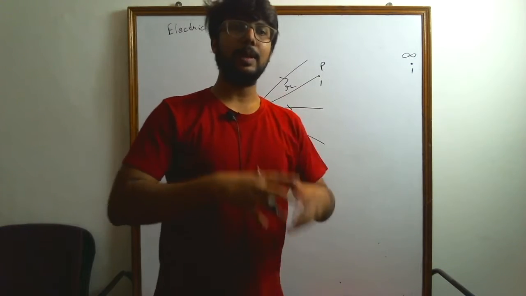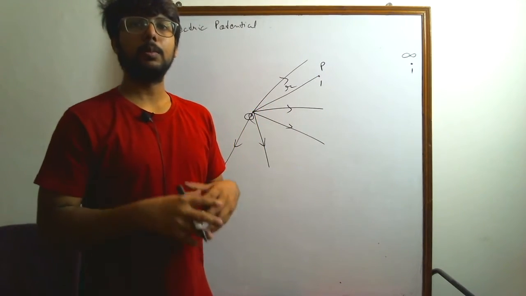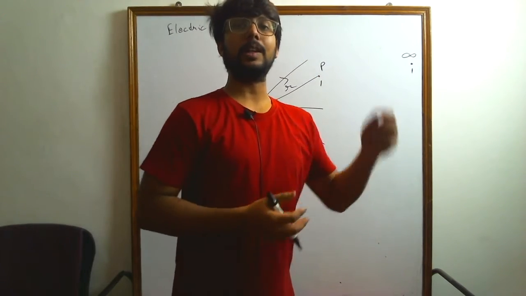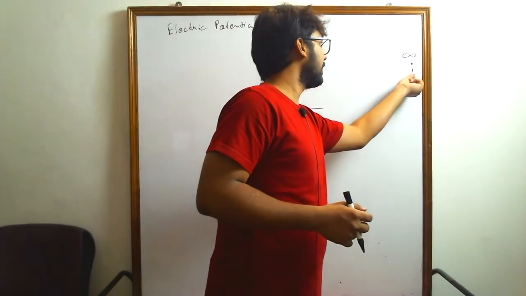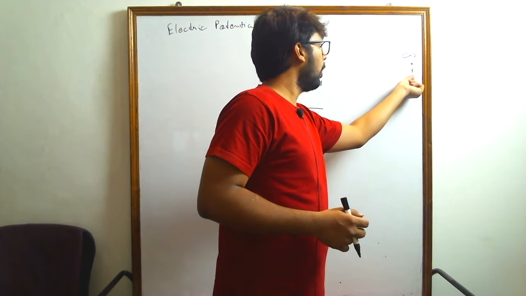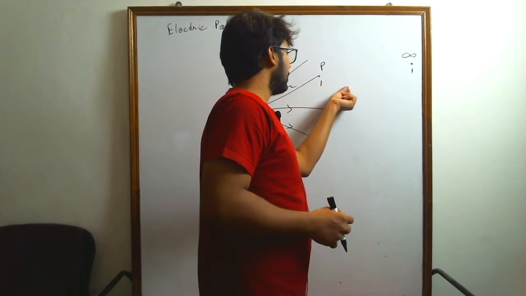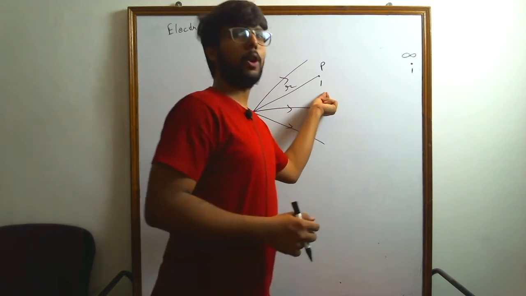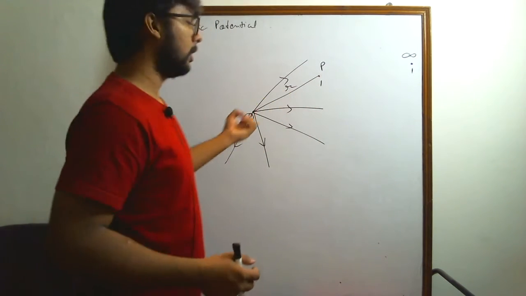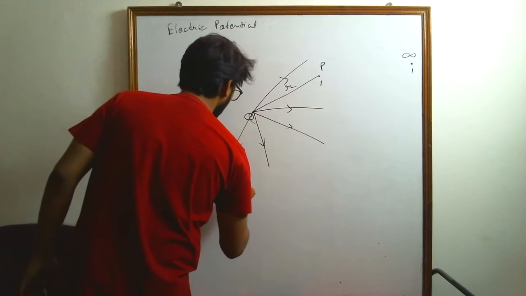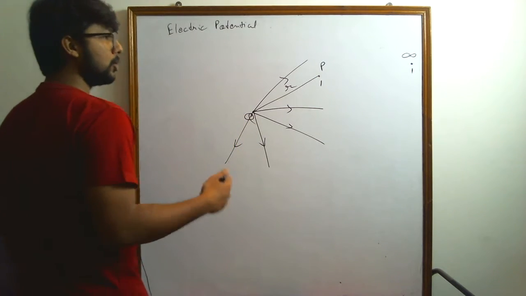Now unit can be per coulomb, per microcoulomb, per nanocoulomb, it does not matter, but it should be a unit charge, right? So we are assuming that for a unit charge, the amount of work that I have to do to pull a unit charge from infinity to this point P, all of that work that I'm going to be doing, it gets stored as electric potential.